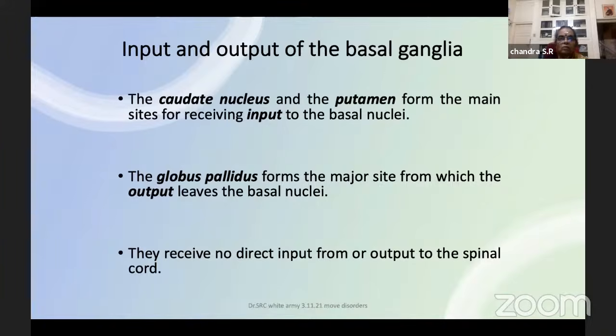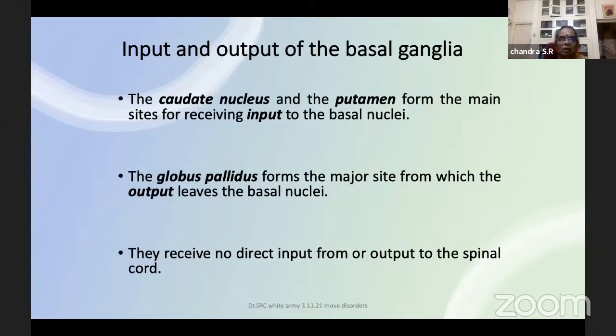Now we want to see what are the input tracts and the output tracts. The caudate nucleus and the putamen form the main site for receiving input. So the major input pathway is the striatum, the corticostriatopallidothalamic pathway. The striatum, that is the caudate nucleus and the putamen, forms the main input pathway to the basal ganglia. Pallidothalamic, that is the outflow.